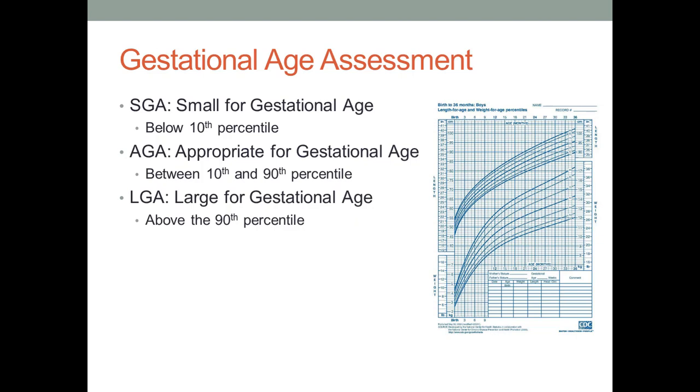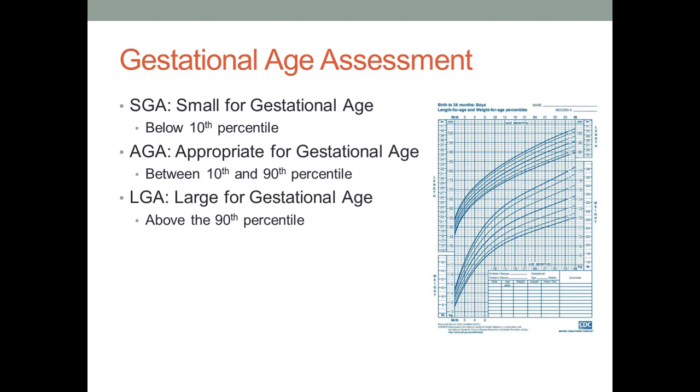In order to determine if a baby is large, small, or whatever, they use this growth chart. Anything below the 10th percentile is considered small for gestational age. Anything between the 10th and the 90th percentile is considered average or appropriate, basically meaning they're the correct size for the gestational age that's been determined.